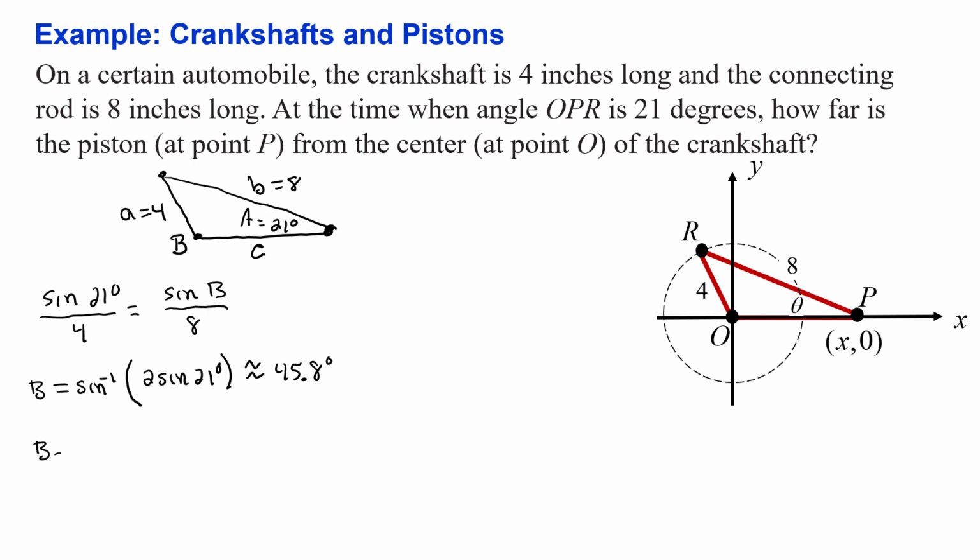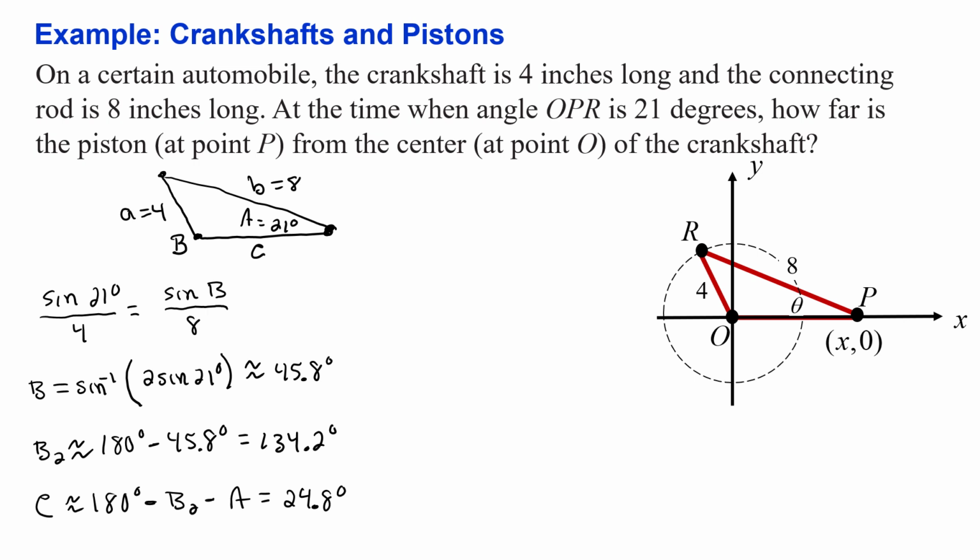So angle B sub 2 is equal to 180 degrees minus 45.8 degrees, and that's 134.2 degrees. Now we're going to find side C, for which we need to calculate angle C. Angle C is approximately 180 degrees minus angle B sub 2 minus angle A, and that's 24.8 degrees. Now we can use the law of sines to find side C using angle C we just found.